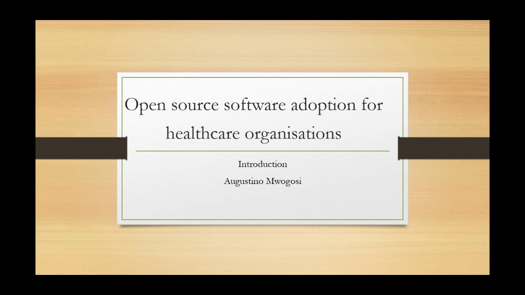Today is the first presentation of a series of videos on open source software adoption for healthcare organizations. In this series of videos, we'll talk about how we can adopt these open source software to facilitate or to enhance different activities in healthcare organizations.